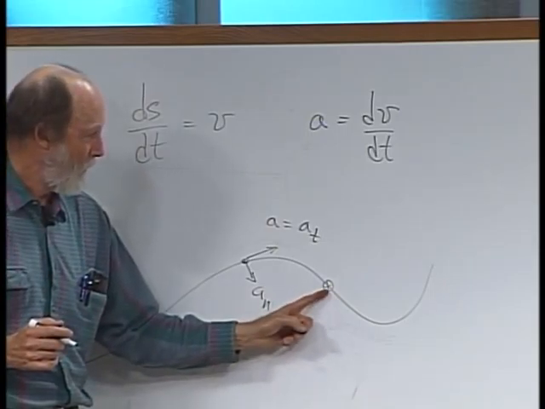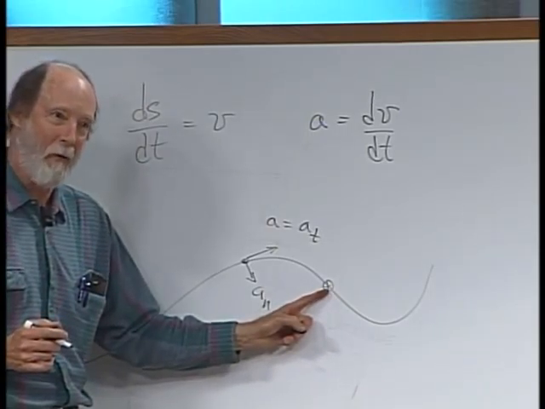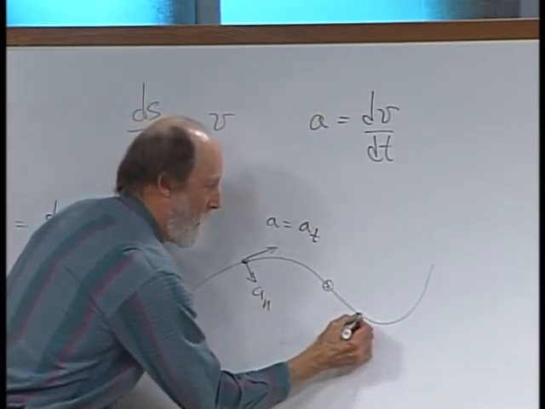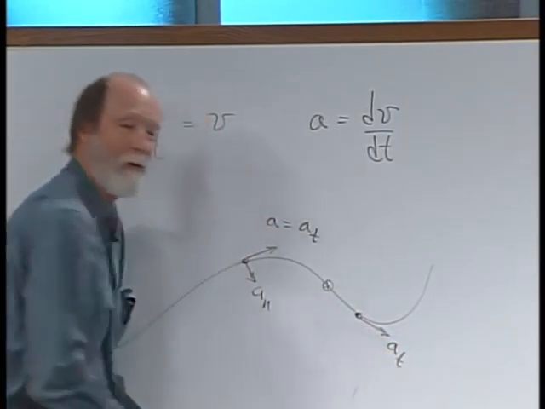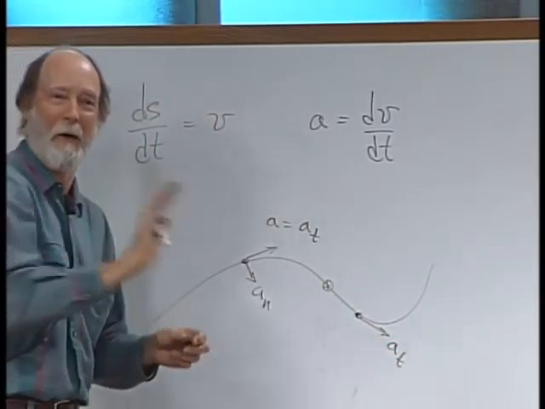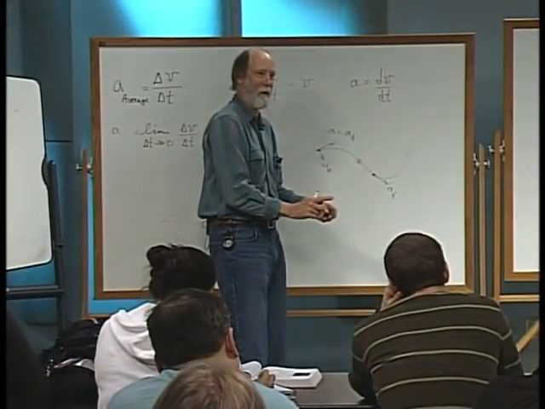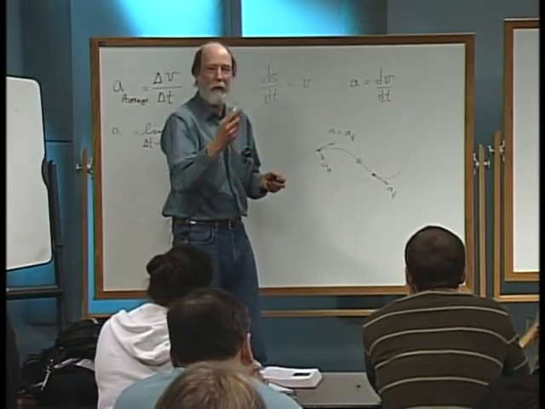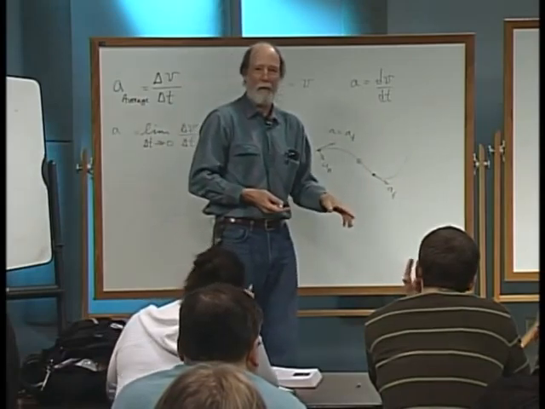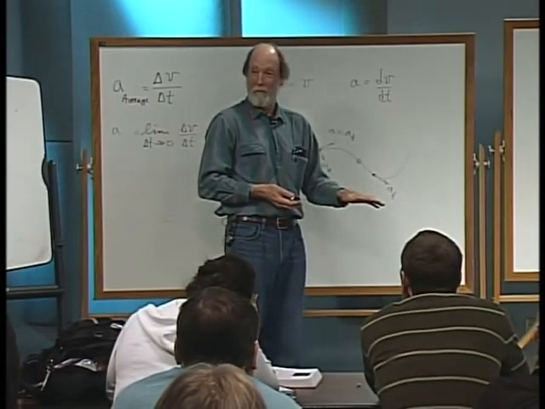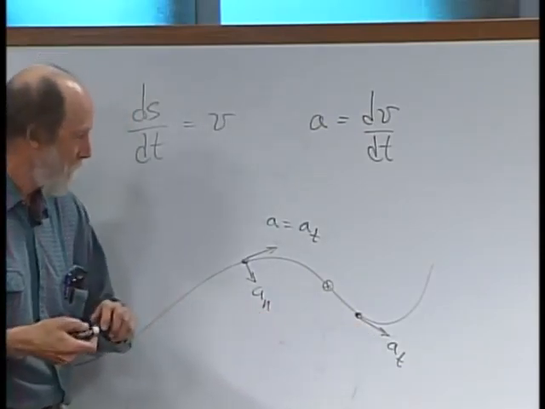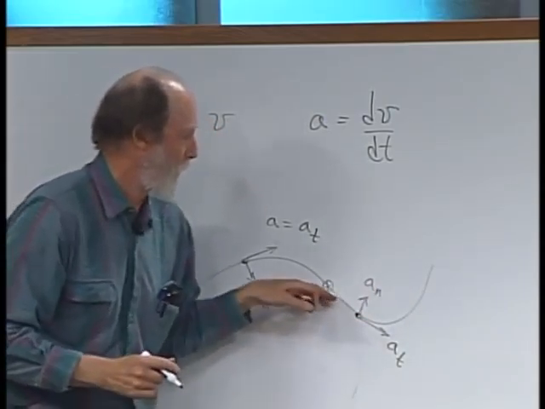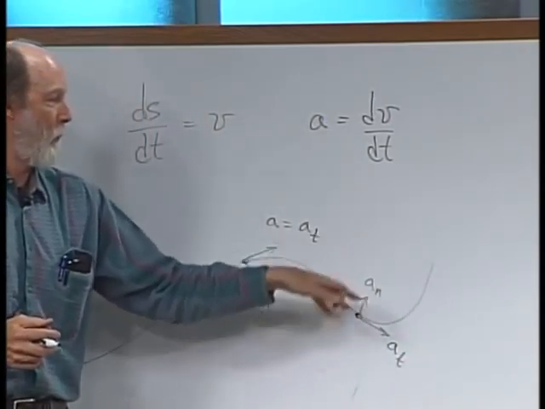Once you change the concavity of the path and go into a curve like this, over in here, you can still have a tangential component of acceleration, like hitting the accelerator or slamming on the brakes or wind resistance. Or if you ski or snowboard, hitting that soft snow after you've been on an icy surface. Okay? That's a tangential thing. And if you're on the curve, then that normal acceleration to pull you through the curve the other direction is going to have to point towards the center of curvature.